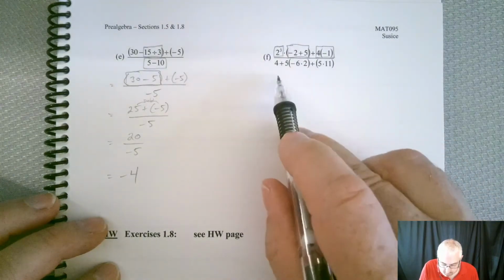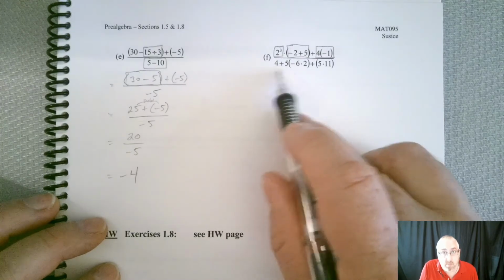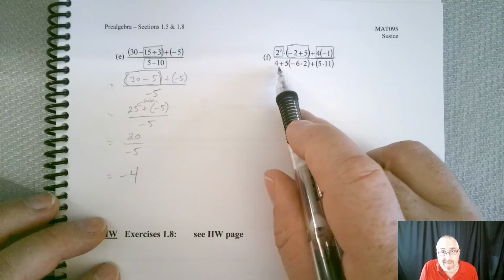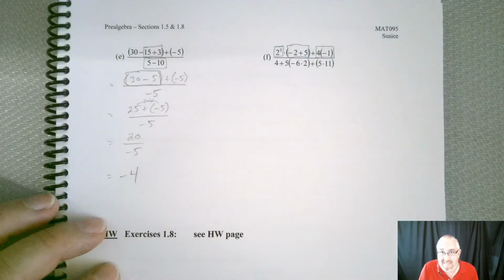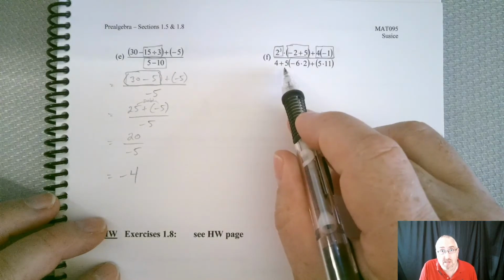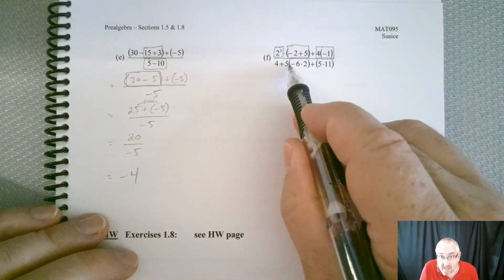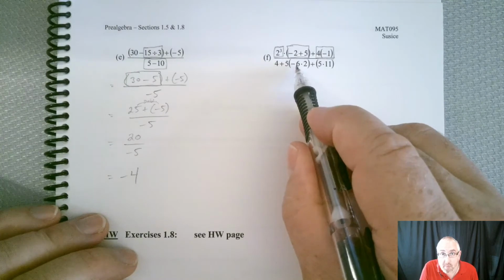Let's look at the bottom now. So we got a plus. So 4 plus 5. We want to add that together? No, we can't do that because it's not in parentheses. So if it was in parentheses, then yes, we could add that 4 plus 5. But because it's not, we got to wait because this 5 is attached to this by multiplication.